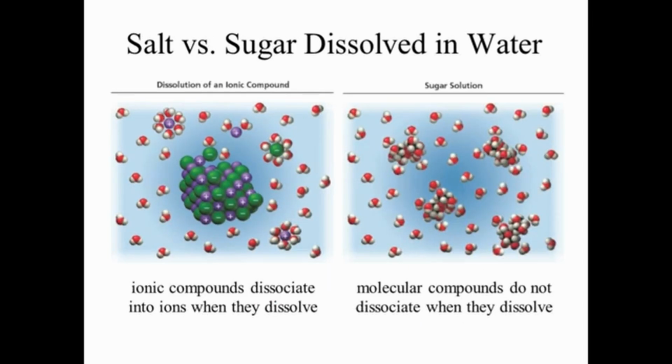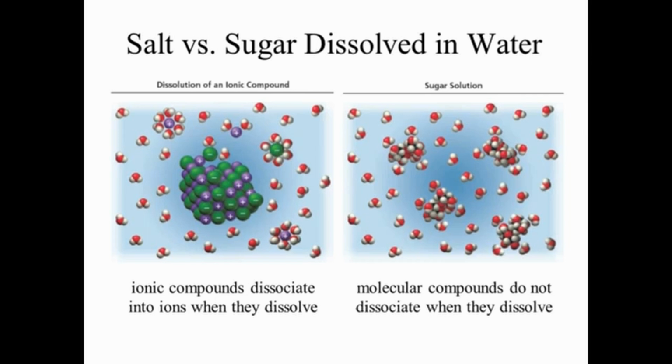Now let's look at salt versus sugar dissolved in water. You observe that salt dissolving in water is an ionic compound being dissociated into ions, because salt is ionic. Sugar, on the other hand, is molecular because it consists of covalent compounds.